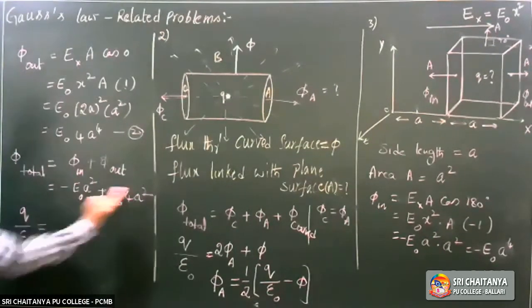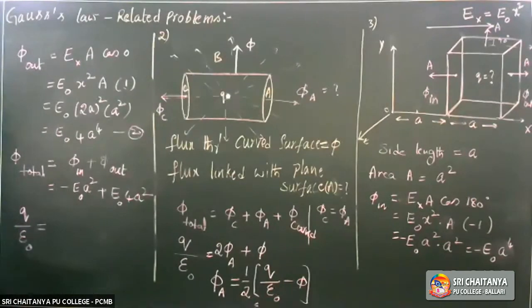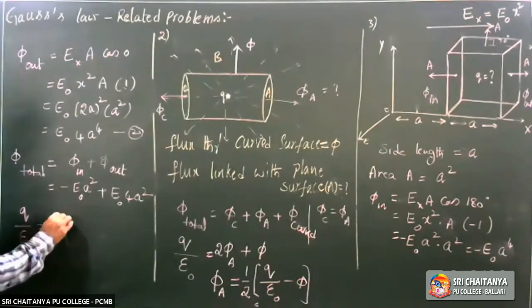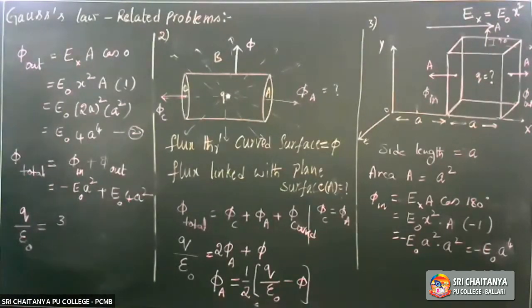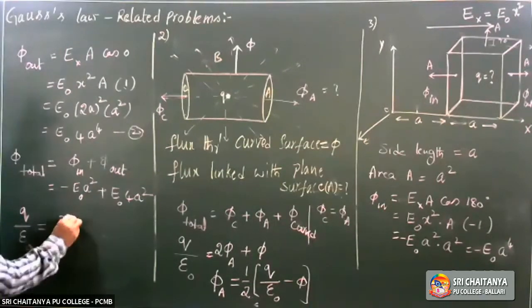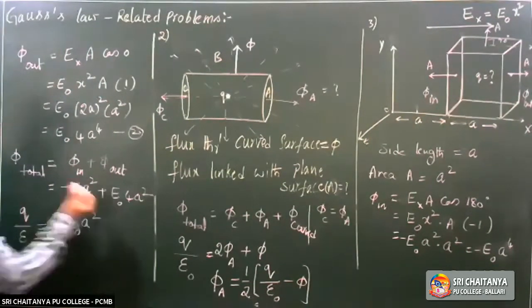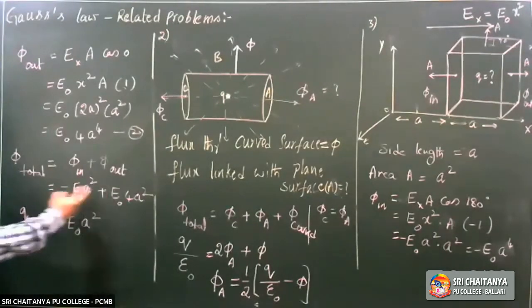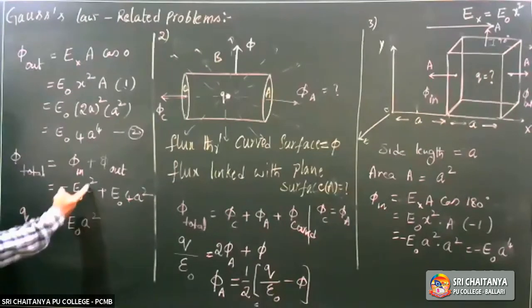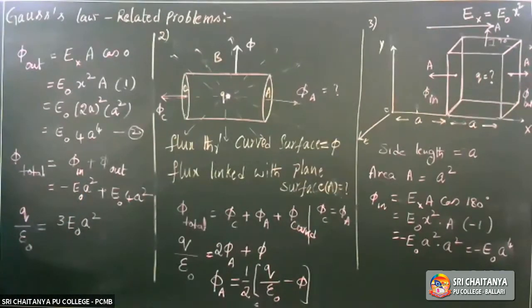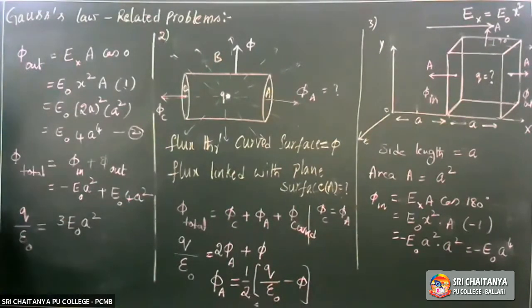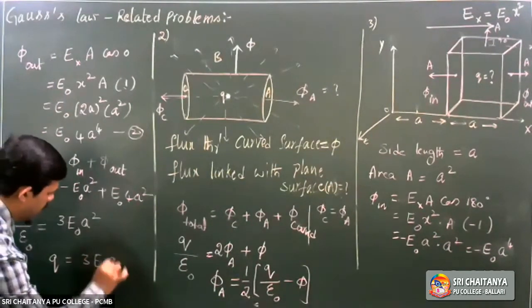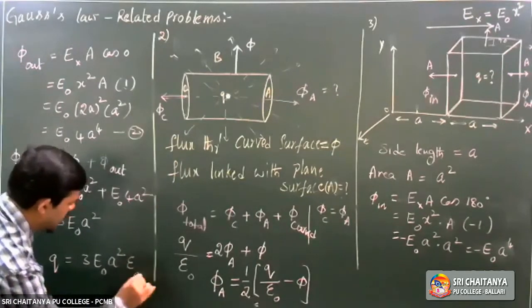E naught 4a square minus E naught a square, totally 3 E naught a square. This is plus and this is minus, right? 3 E naught a square. What question are you asked? What is Q, the charge enclosed? Q is 3 E naught a square into epsilon naught.